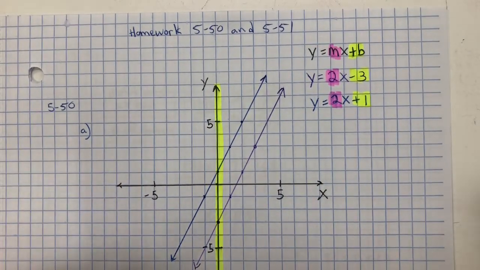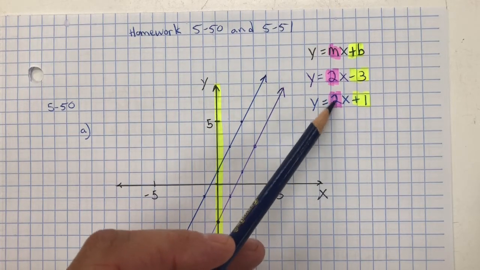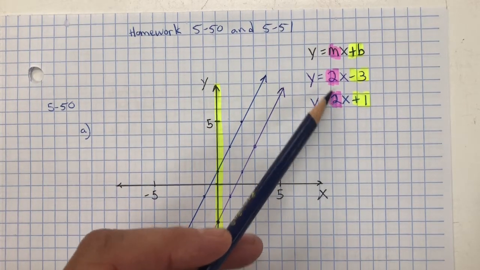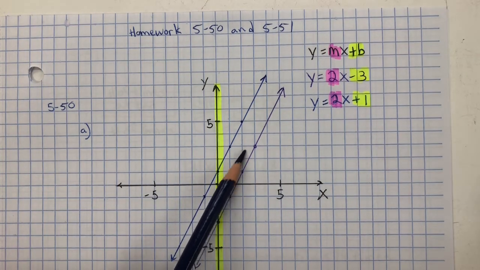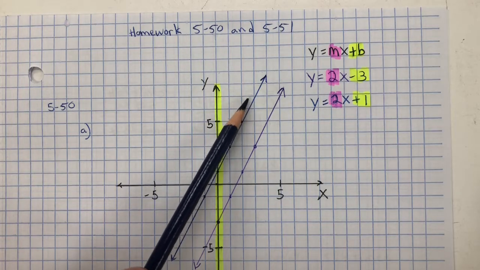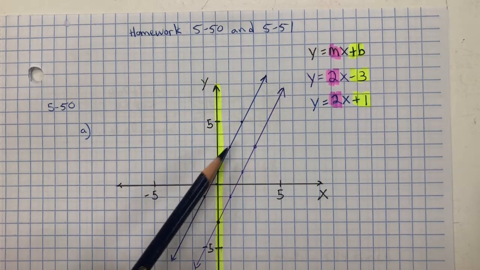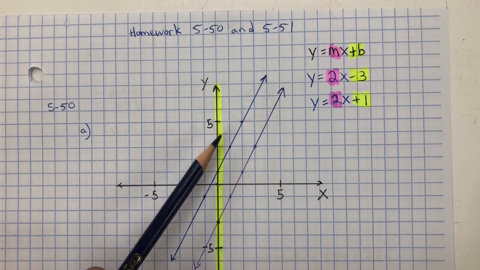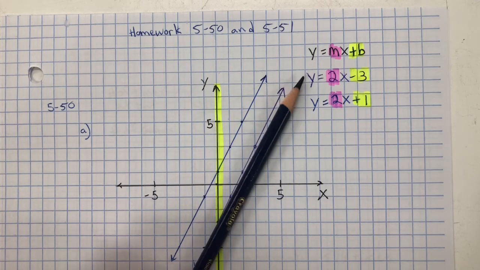If you notice, both of them have the same growth rate, so it will always be rising 2, running 1, and same with this one. Well, if that's true, you can see that these two will never intersect because they are parallel lines.